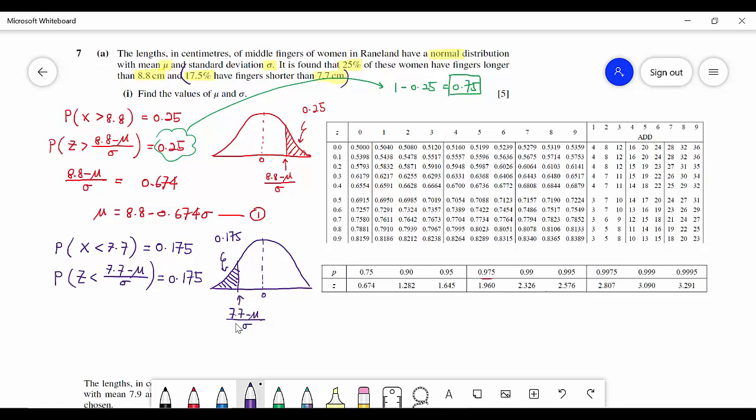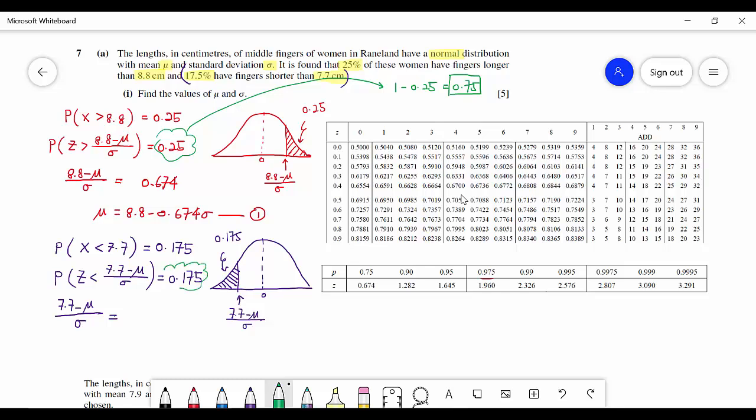Okay, so now I want to find out the value for this one. What's the Z value? So 7.7 minus the mu divided by standard deviation equals to a value. I want to find this value now. The same thing happened like what we had just now. You should look for the area 0.175. Again, if you look at all the values inside here, there's no 0.175.